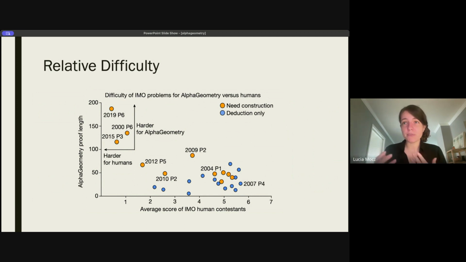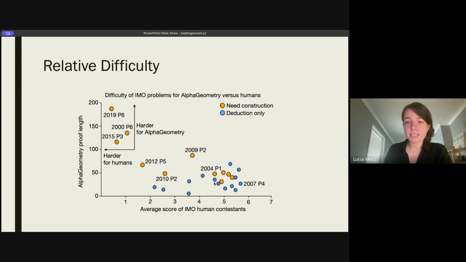Remember, AlphaGeometry is effectively a very glorified proof search engine. And so the longer a proof is, and especially the more auxiliary steps you have to construct inside of it, the more difficult it will be for AlphaGeometry to arrive at the correct proof. So there are some problems which are hard for both humans and AlphaGeometry.